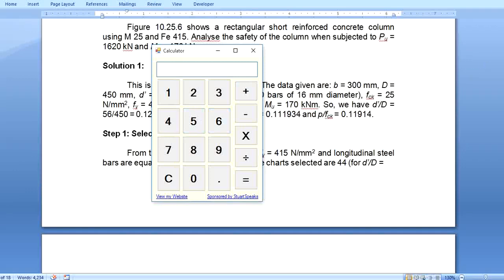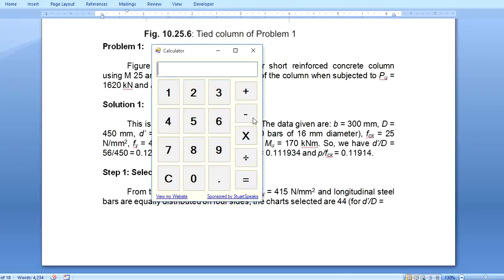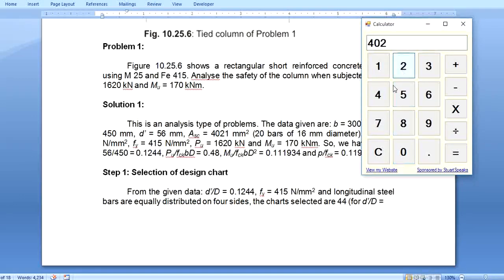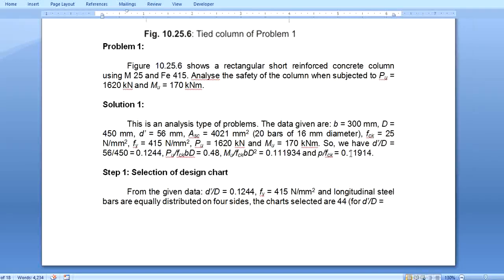The total area of steel which we have provided is 4021 mm square, divided by the total area, that is 300 into 450, and into 100 to convert it into a percentage. Remember, we need to substitute the percentage. Dividing the total percentage by FCK, we get P divided by FCK as 0.11914.